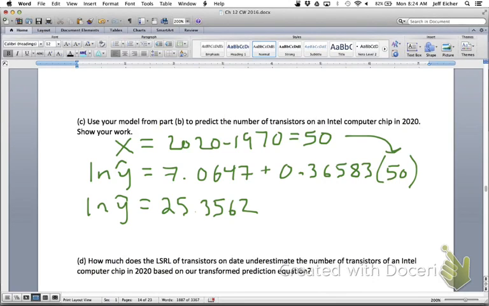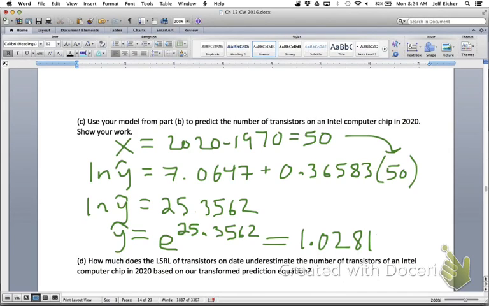And then to solve that, you have to figure out how do I isolate y hat? How do I get rid of this operation of ln? Well, the inverse operation of ln is exponentiating. So y hat, our predicted number of transistors, would be e as our base, raised to the exponent of 25.3562, which equals 1.02815 times 10 to the 11th.